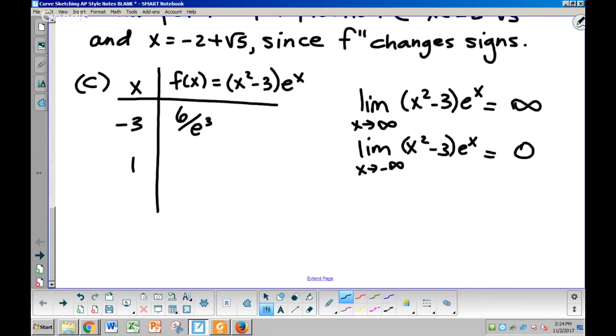We get -2e. So which one is the smallest there? Since this is rocketing off to infinity as x goes to infinity, this has to be the absolute min, because at the other end it's approaching 0.